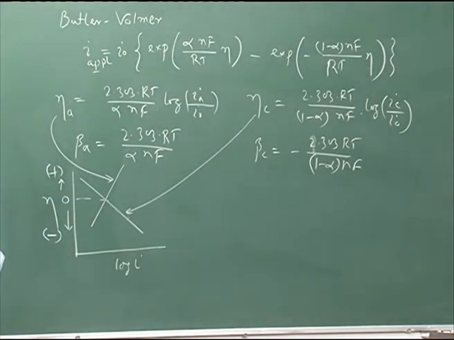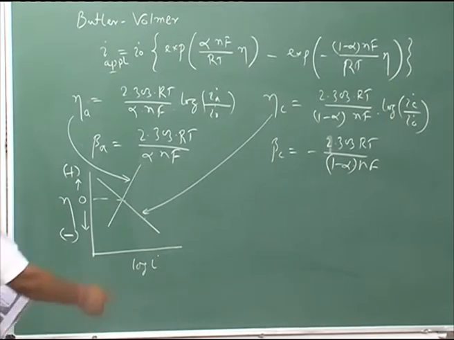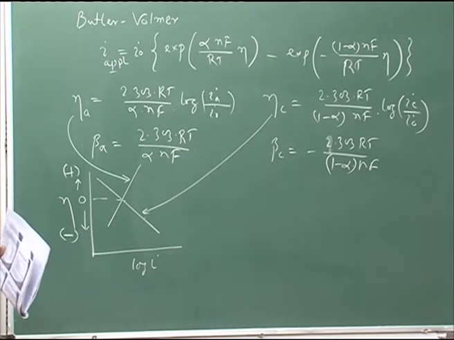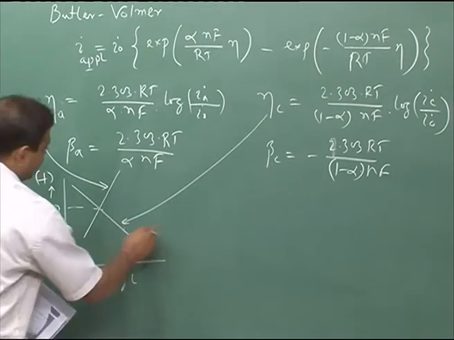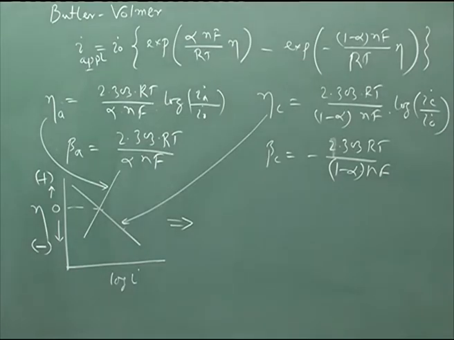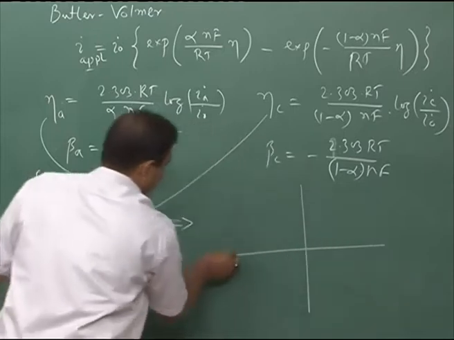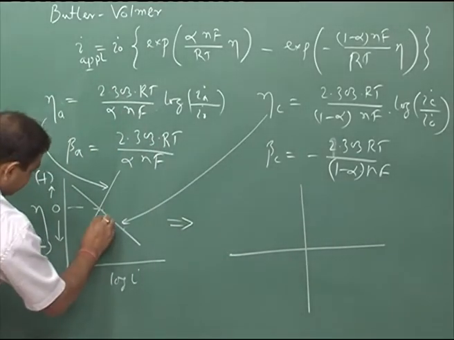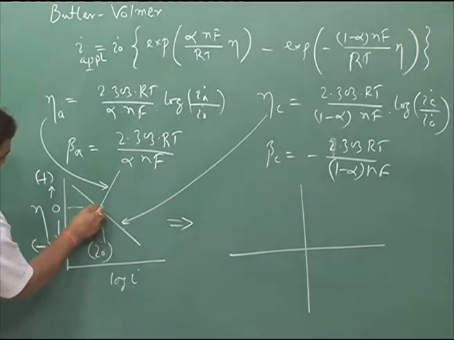Now, we need to consider what would be the same plot if we draw it with respect to current density in absolute scale, not log I, and overvoltage. What could be the plot if we take the absolute potential versus I plot? And of course, this is nothing but I 0, the current density corresponding to this point.